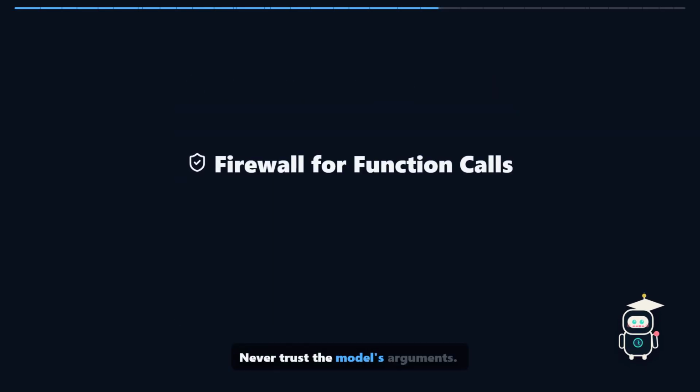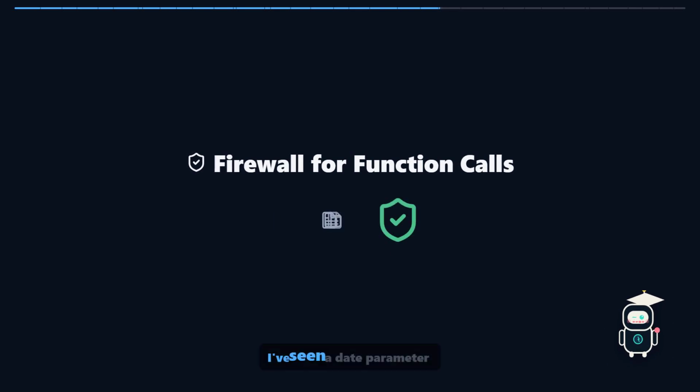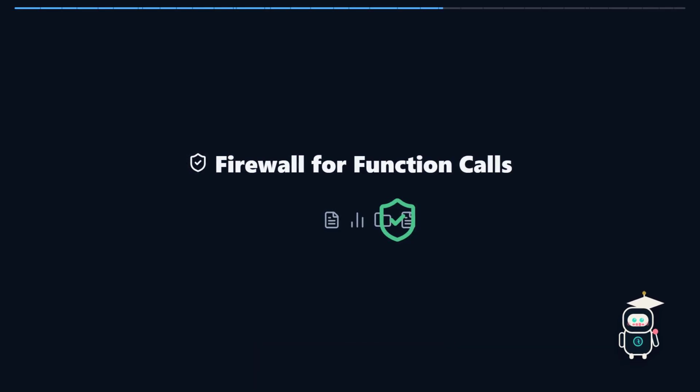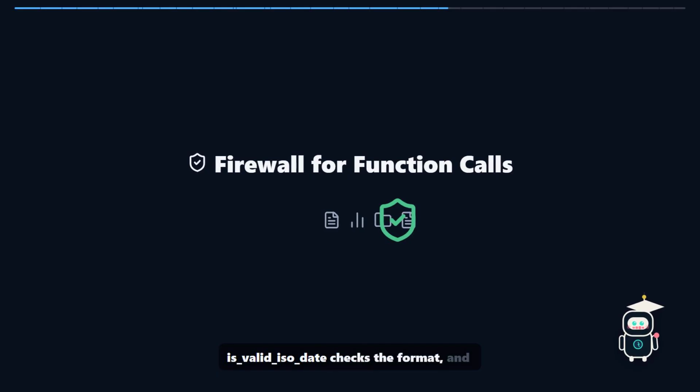Never trust the model's arguments. I've seen a date parameter come back as "tomorrow" when the API expects ISO format. That'll crash your pipeline. Wrap every tool call with a validator. A tiny function like isValid_ISODate checks the format, and if it fails, you can either convert it using a library like dateparser or reprompt the model.